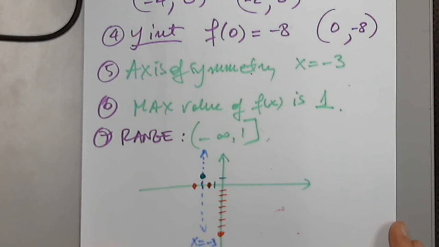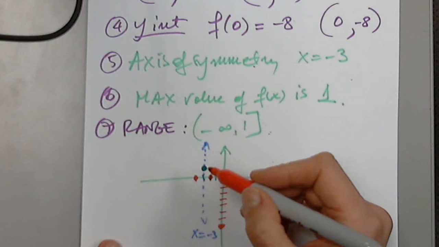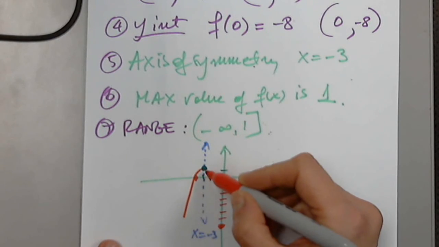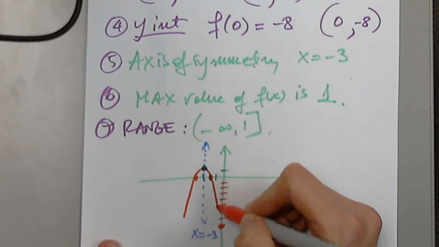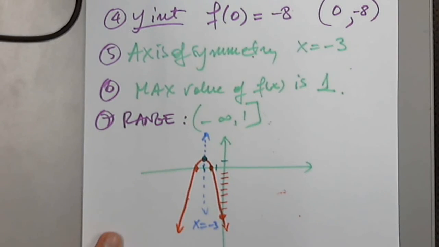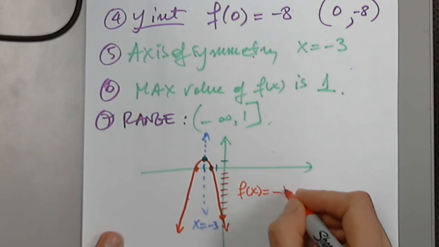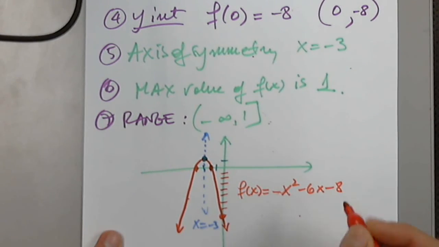I have to keep the graph in shape as much as possible and not too acute at the vertex. I always write the name or the equation I graphed. I graphed f of x, which is -x squared minus 6x minus 8. This is the way I recommend we graph the function, going through those steps.